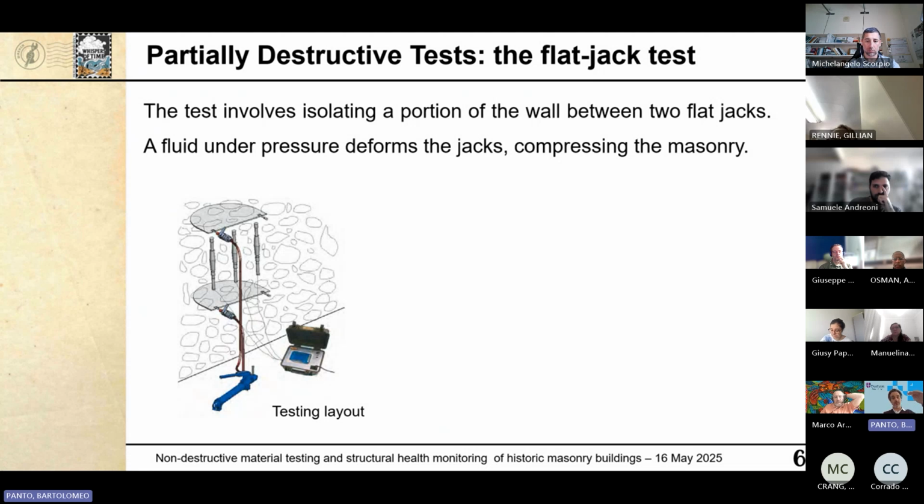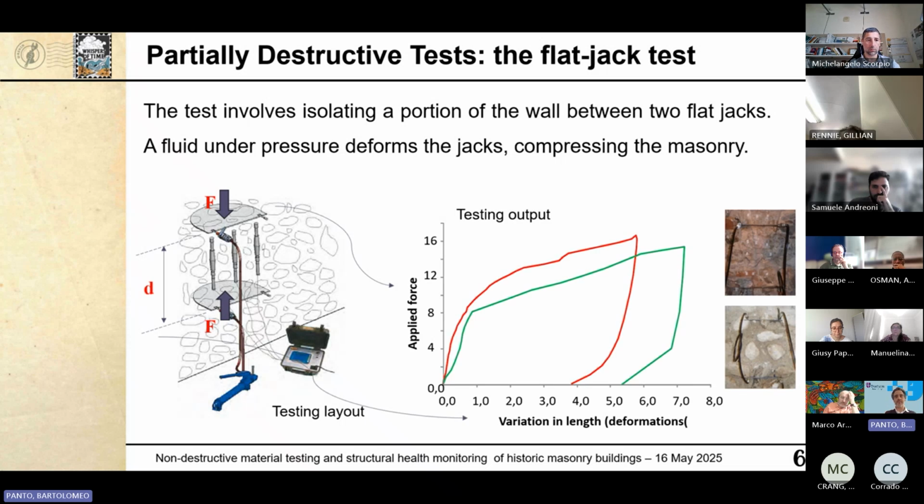This is because we need to cause damage. Then a fluid under pressure is used to deform these jacks, and the portion of masonry included between these two tools is subjected to two forces until it crashes.